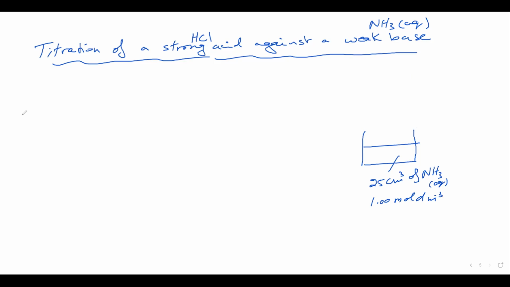And we place in the burette HCl, the strong acid, also at 1 mole per decimeter cube. As I told you, we use the same concentration so that we expect the volume of neutralization to be at 25.